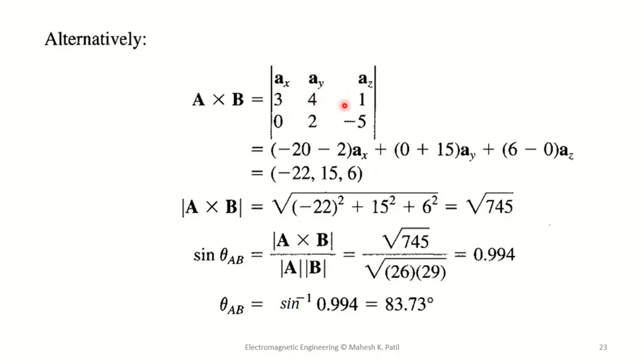In the second row, write the elements of vector A. So vector A elements are 3, 4 and 1. In the third row, write the corresponding vector elements of vector B. So vector B is having elements 0, 2, minus 5.